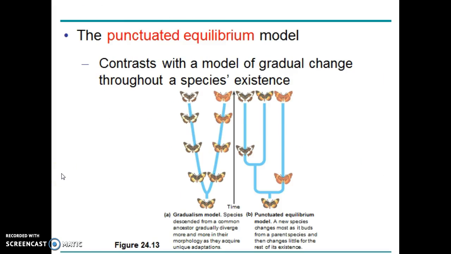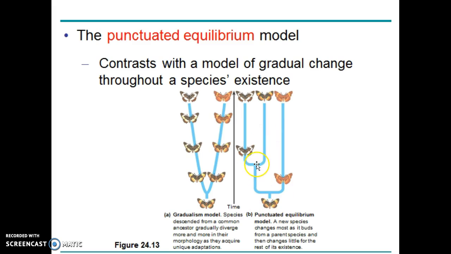So let's compare the punctuated equilibrium model proposed by Eldredge and Gould, which we see here on the right. We'll have one species that's around for a period of time, and then boom, gone. According to their model, what would happen is this species would become pretty quickly two different species, and then those species would ride out life unchanged for a very, very long time.